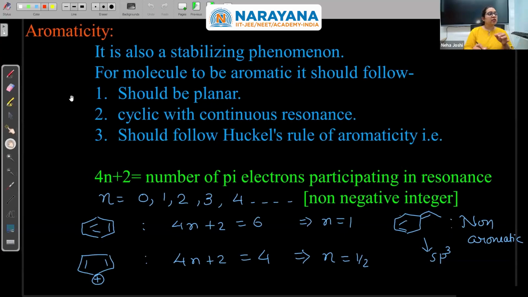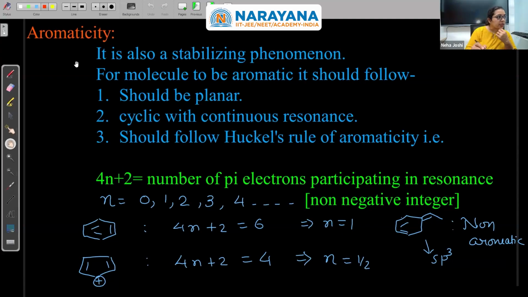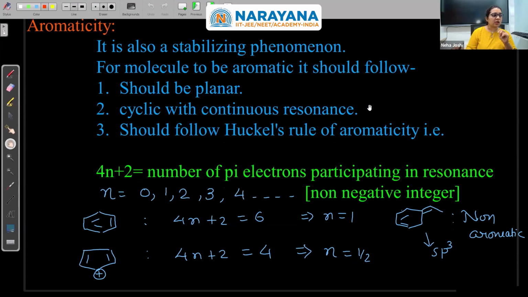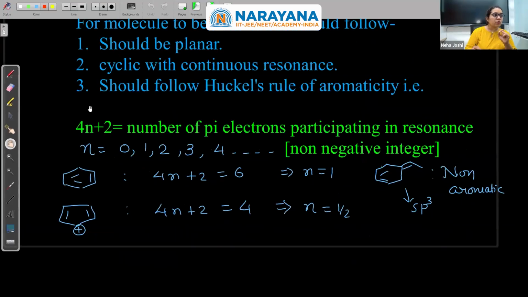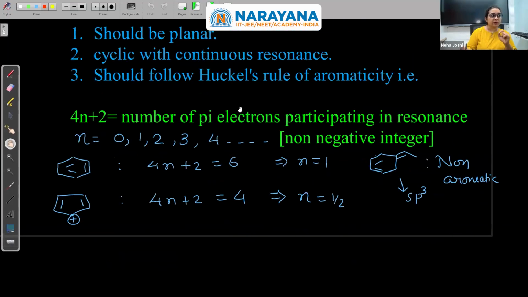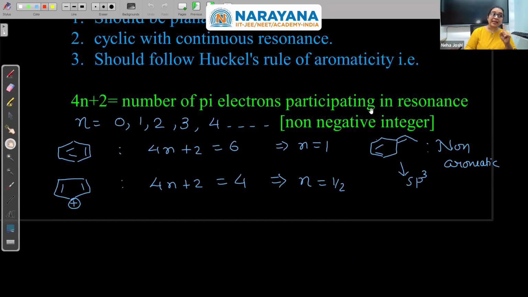So after these electronic effects, let us move to aromaticity. It is also a stabilizing phenomenon. For a molecule to be aromatic, it should follow planarity, cyclic structure with continuous resonance, and should follow Huckel's rule of aromaticity. Huckel's rule of aromaticity is 4n plus 2 should be equal to the number of pi electrons participating in resonance, not the number of pi electrons in the entire molecule.